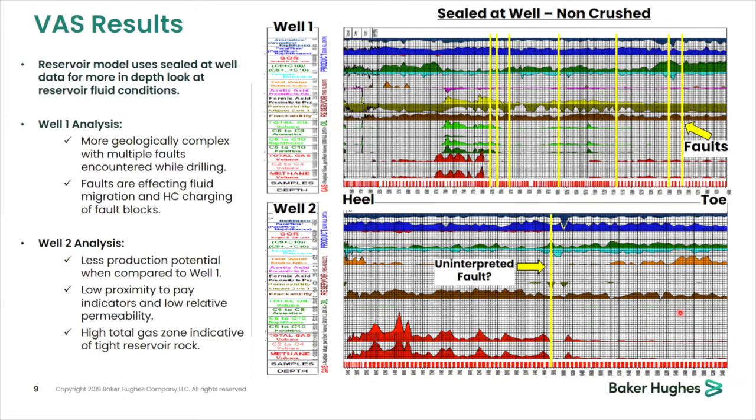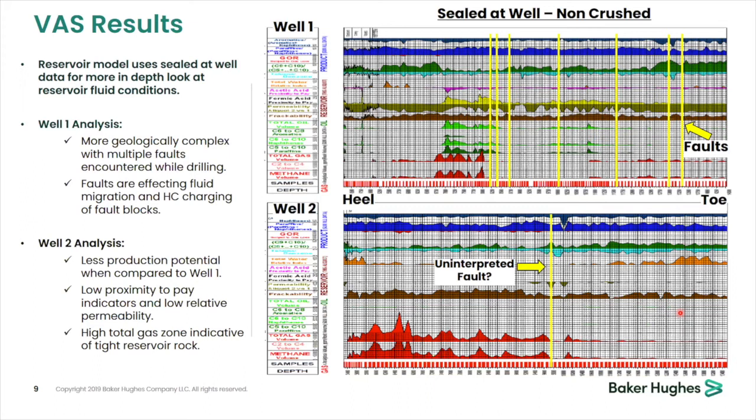So a few key points that stick out when comparing the two wells: well 1 was drilled through a more geologically complex area where we're cutting a lot more faults that have larger offsets. And also, we see indications of faults affecting fluid migration and hydrocarbon charging of the fault blocks.